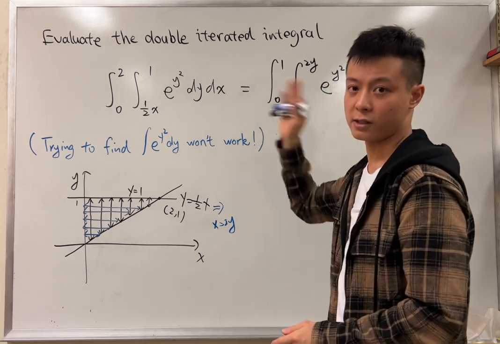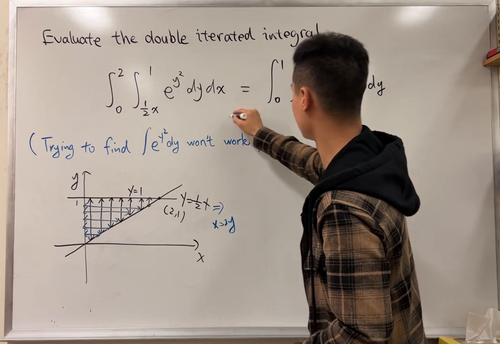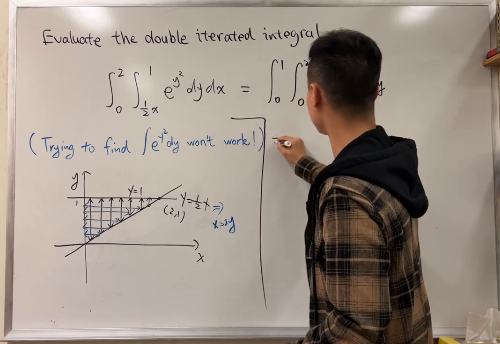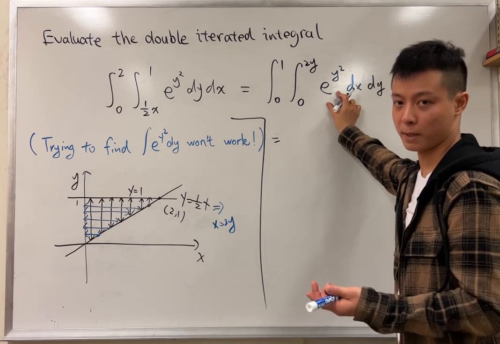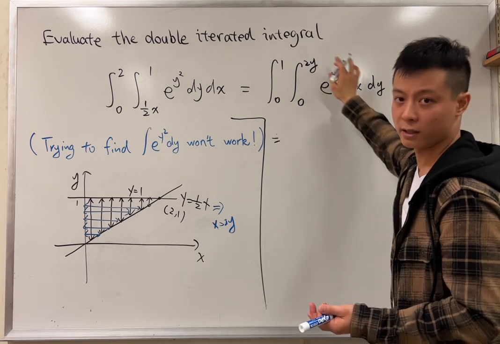Next, let's complete the calculation since it's not very complicated. We evaluate the inside integral with respect to x, so e raised to y squared is treated as a constant.